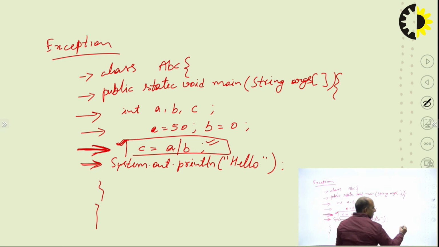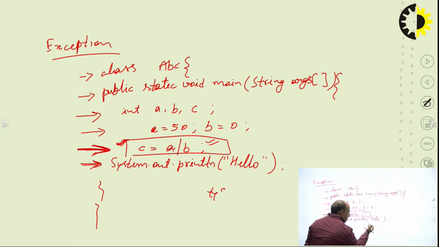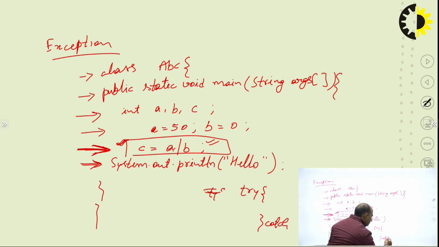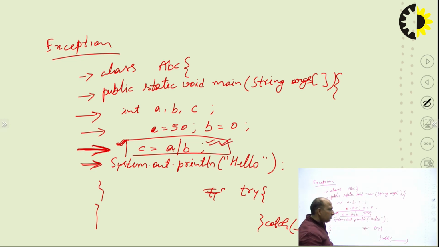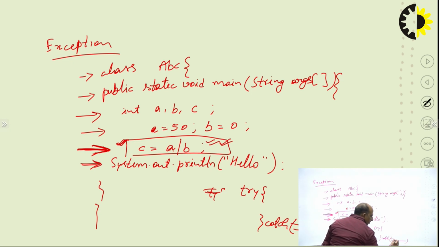We can write a try and catch block like this. You can write try, then open and close curly braces, and here you can write catch. In this catch you have to pass the type of object which has been thrown from here. From here ArithmeticException has been thrown, so you will create an object of ArithmeticException type over here.